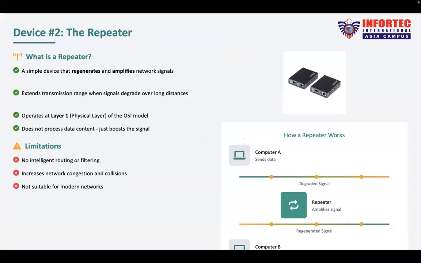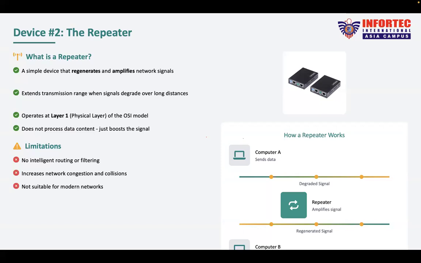Then we discussed the repeater. When we try to communicate over a long distance without reducing the quality of the signal, we can send it to the receiver with the help of a repeater.